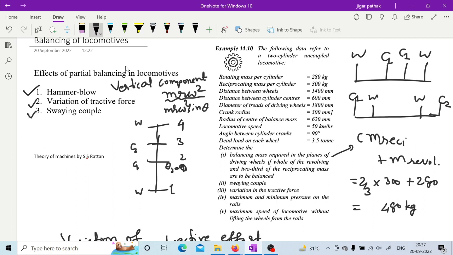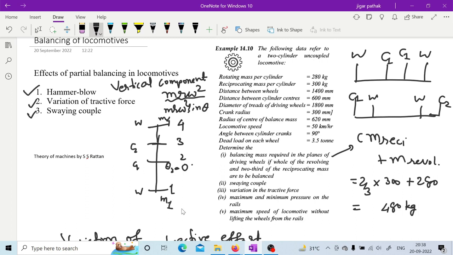Then you can start with the equilibrium of forces and calculate first the balancing mass required in plane 4, and then the balancing mass required in plane 1.